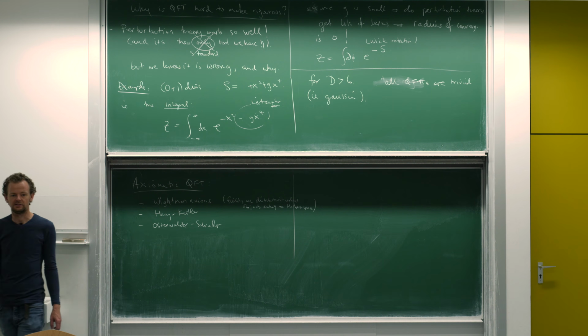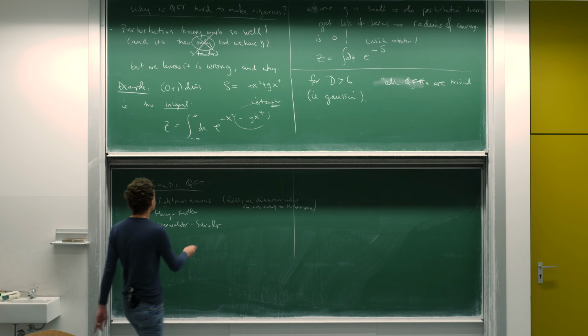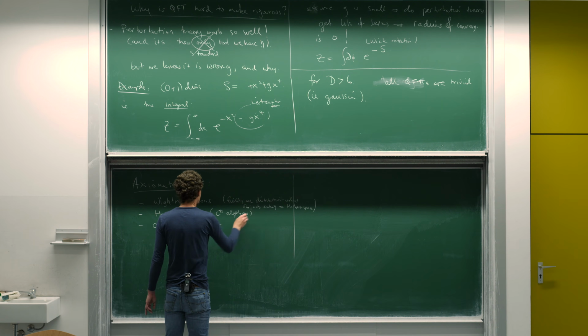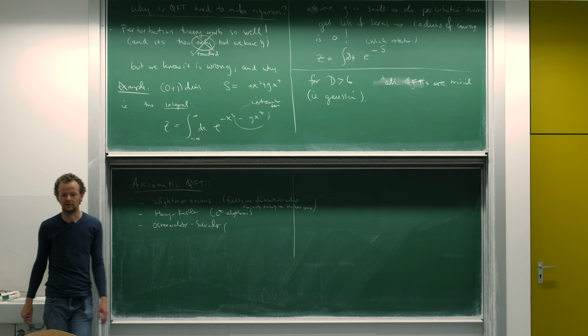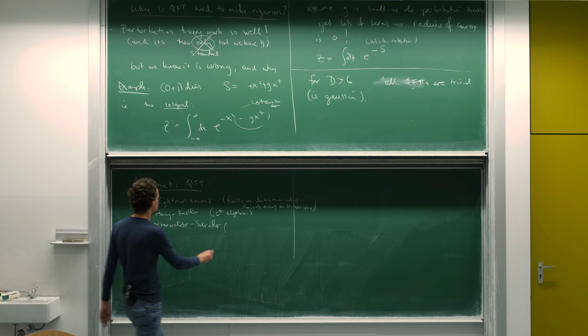And then there were the axioms of Haag and Kastler, which translate that to something involving C-star algebras. And then we have the axioms of Osterwalder and Schrader, which are focused on understanding how to get a quantum field theory from a statistical mechanical system.